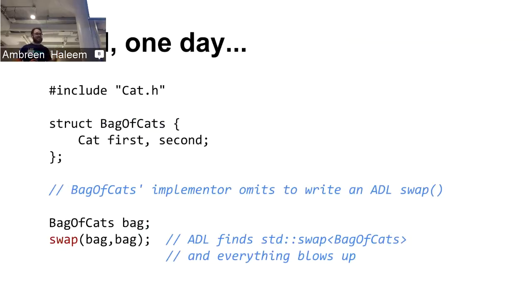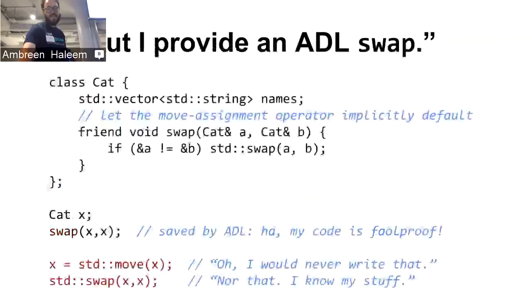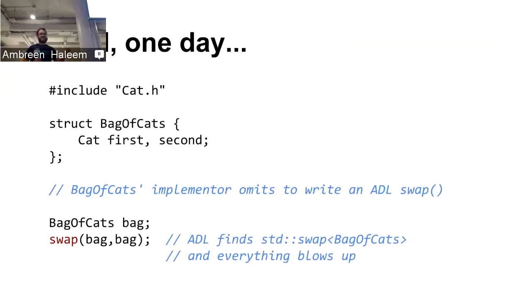What we find is std swap. And std swap is implemented in terms of move assignment of bag of cats. And move assignment for bag of cats gets the default implementation, which is implemented in terms of move assignment of the members. And move assignment of the members has been defaulted. And so it's going to try to move assign a vector into itself. And everything's going to blow up.